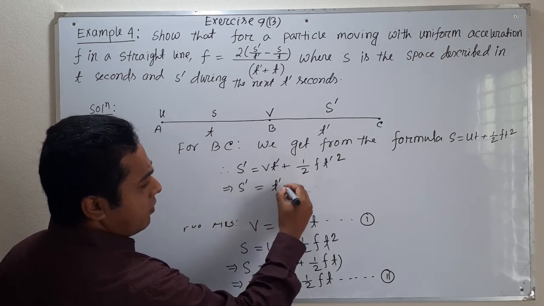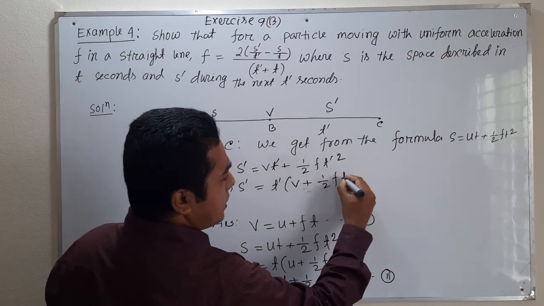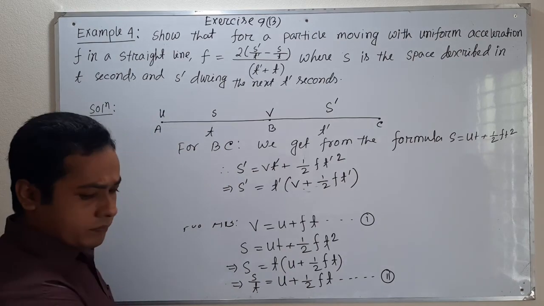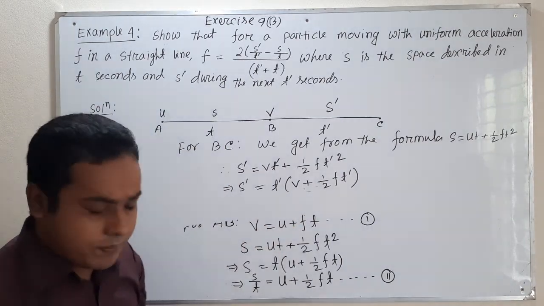Taking t prime as common, s prime is equal to t prime times v plus half of f t prime. Here, by using equation 1, v is equal to u plus ft.